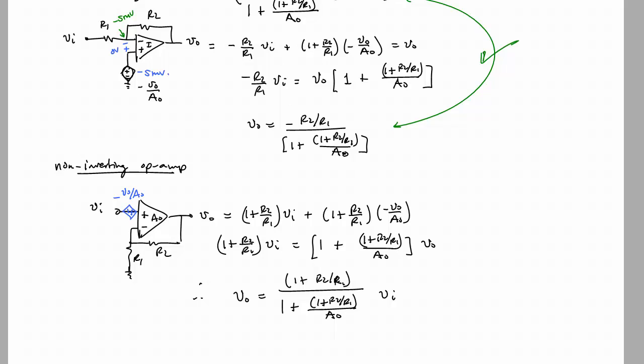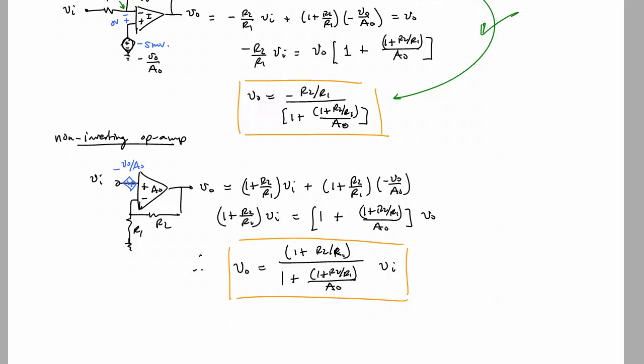And so very quickly we were able to see how a finite open loop gain affects the non-inverting op amp, as we saw for the inverting op amp.